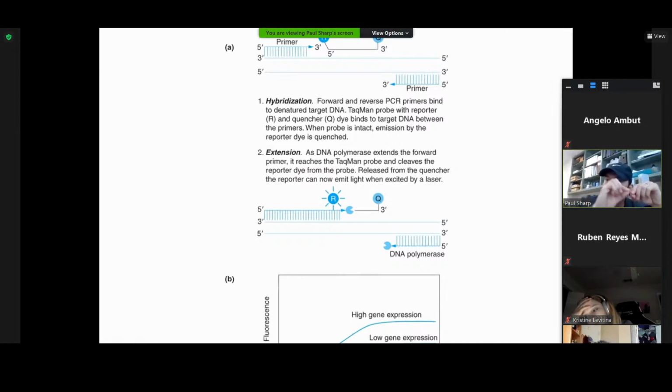And then you can do a little plot, and with that information, you could take your unknown data and plot when they cross the threshold cycle, and figure out how many mRNAs or cDNAs you started off with. And that's why it's qPCR.